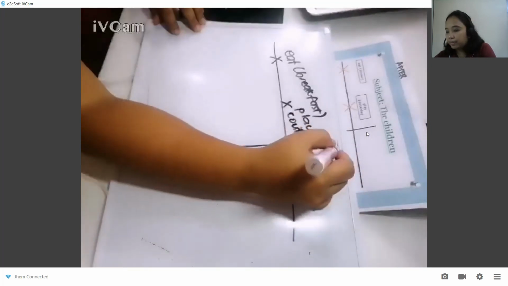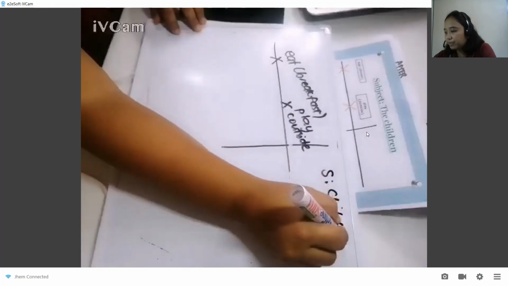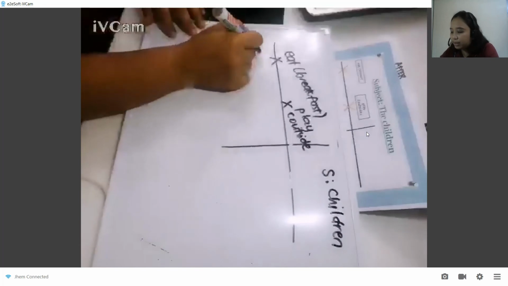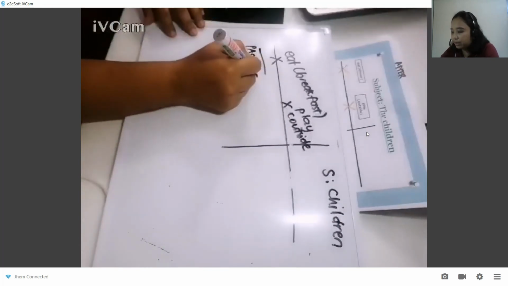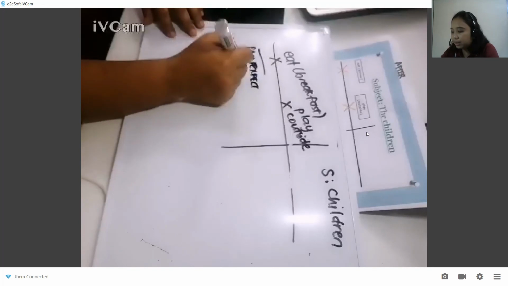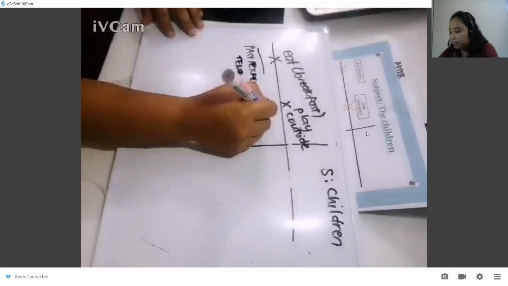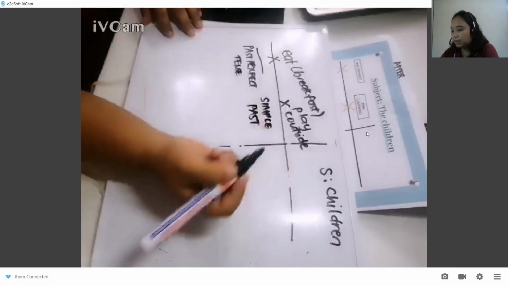Okay, the subject, children. Again, this is the one in past perfect tense. This one is in the simple past.